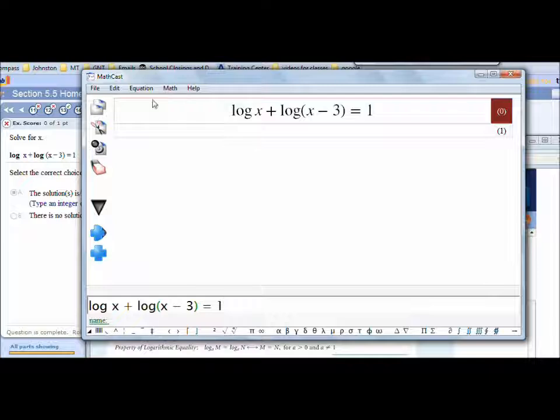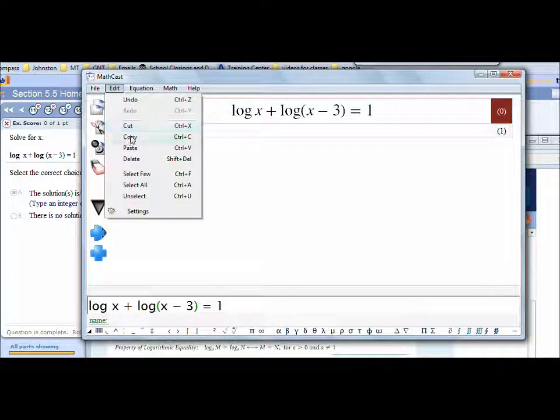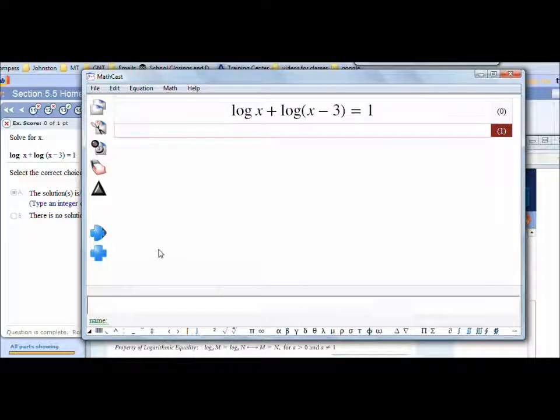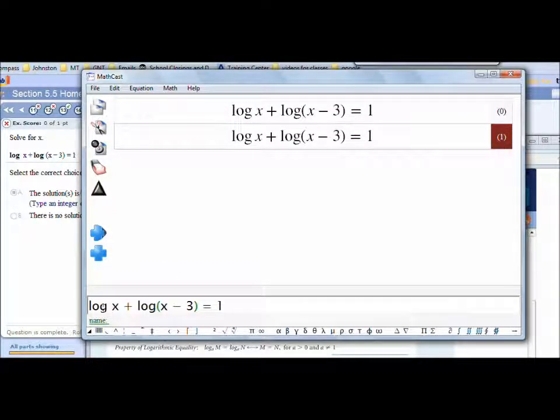And I need to do a copy. And let's go over here, Control V. And what I'm going to end up with is this. That's what I've got. The x is going to be in the parentheses, and then I'm going to multiply the x times x minus 3.